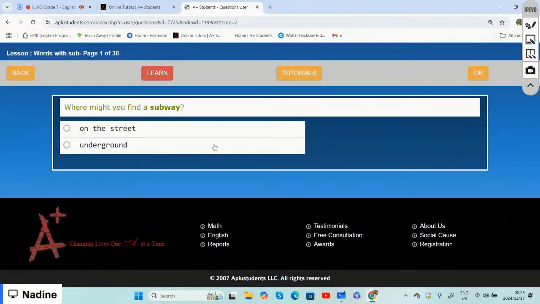And we're going to look at words with sub. So where might you find a subway? Is it on the street or is it underground? Option one or option two?